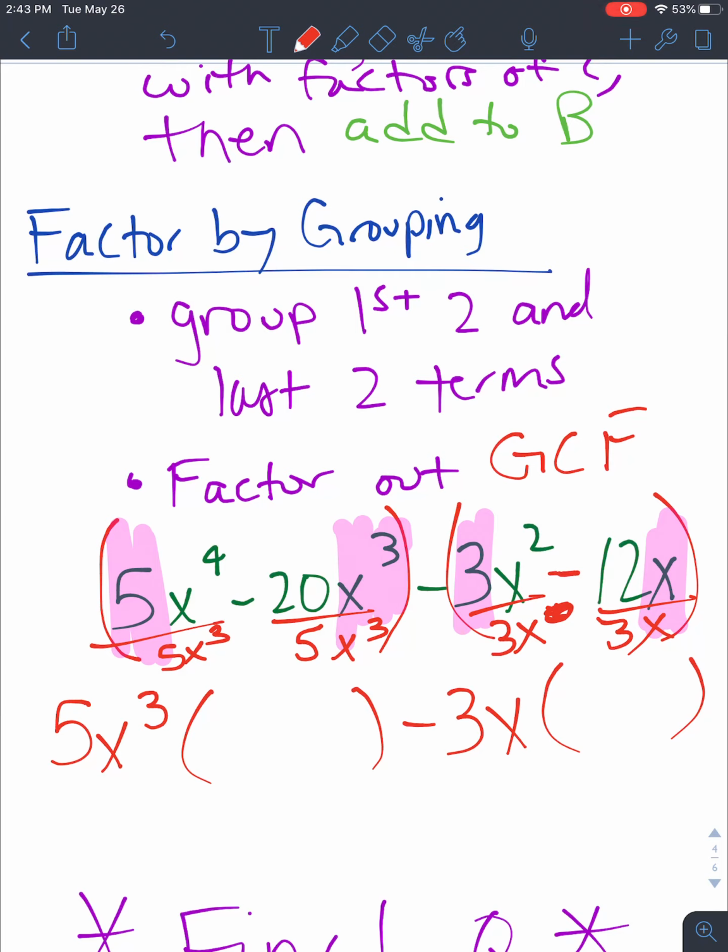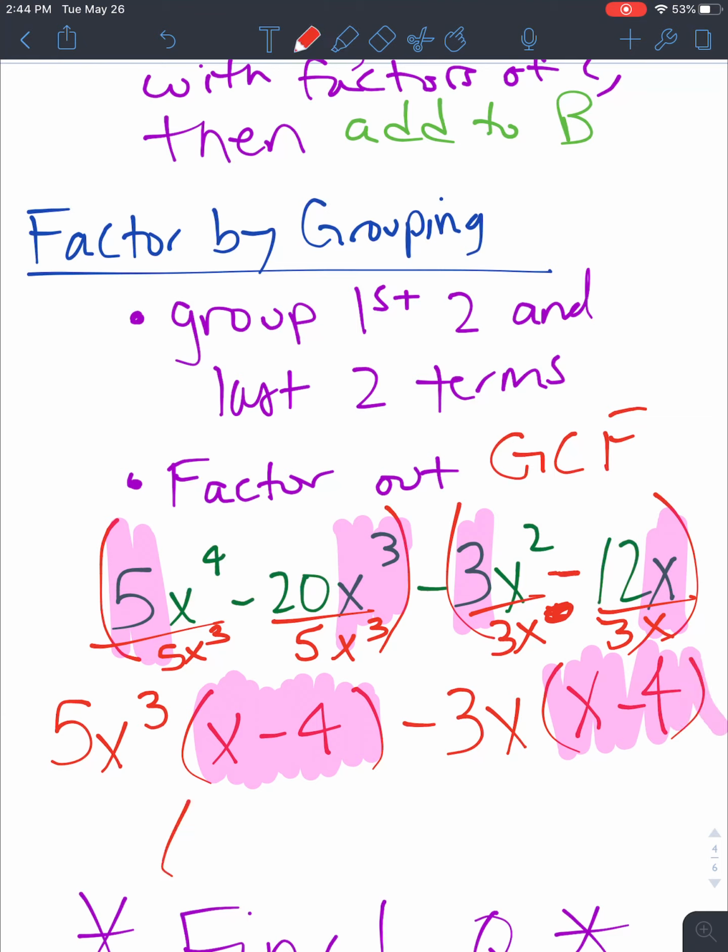5x to the fourth divided by 5x cubed, we're left with just an x, minus 4. We have 3x squared divided by 3x, we're left with just an x, and then negative 12x divided by 3x, we get minus 4. This is great because look, we have two groups that are the same.